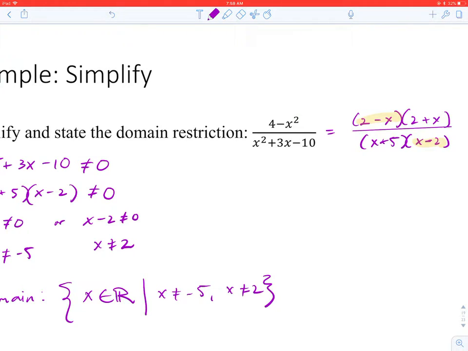So I'm going to factor a -1 out of the 2 minus x. And when I do that, I'll be left with x minus 2, right? It switches the signs of each of those terms.